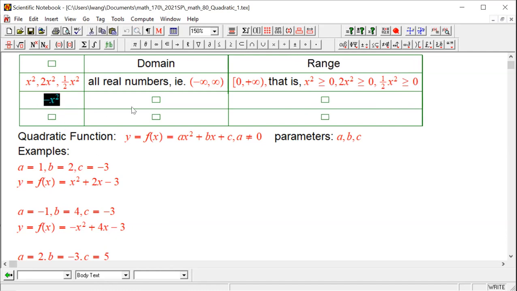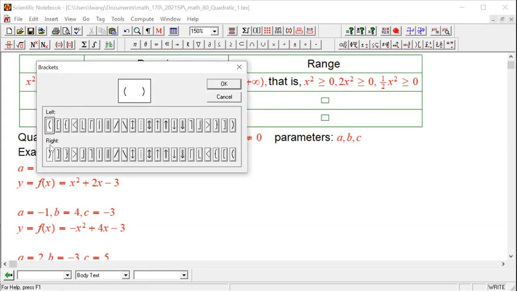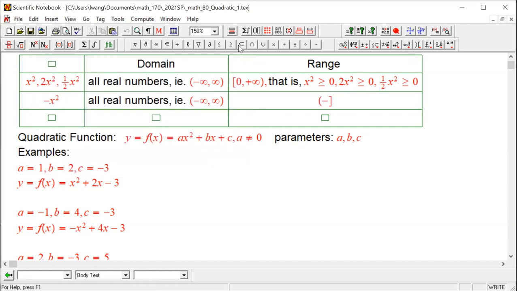Negative x squared, however, the domain is the same. And the range, however, is from negative infinity to 0. Okay, so it's from negative infinity to 0, that is, negative x squared is less than or equal to 0.